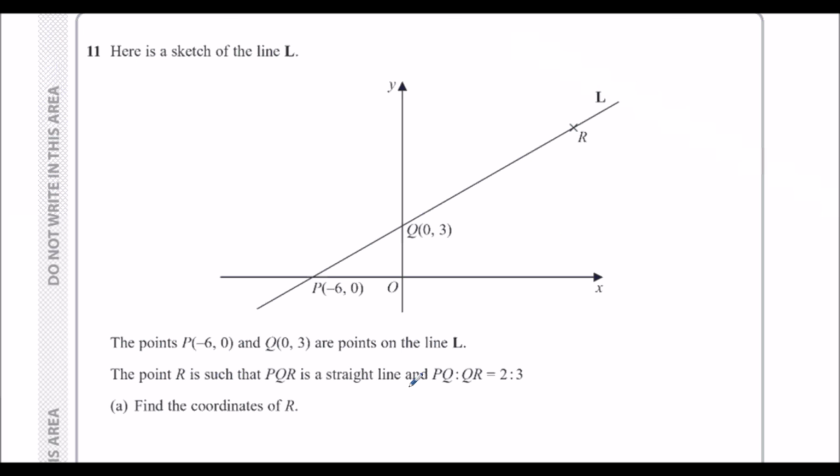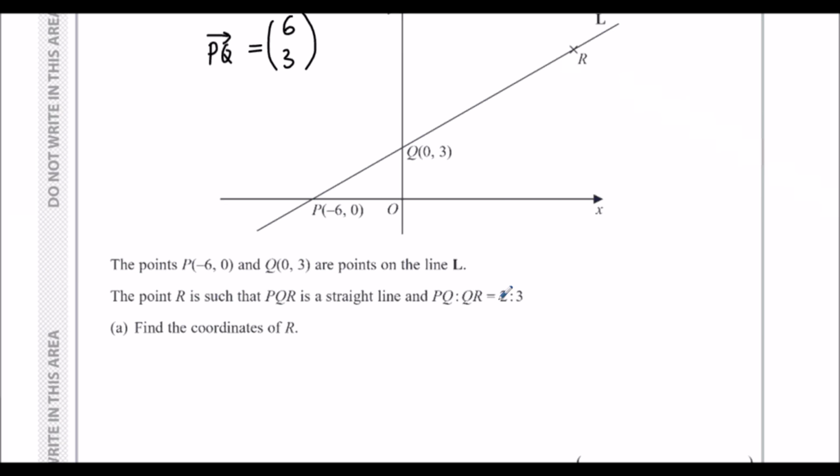Find the coordinates of R. So we could say that P to Q is right 6, up 3. So P to Q is 6, 3. To the right 6 and up 3.